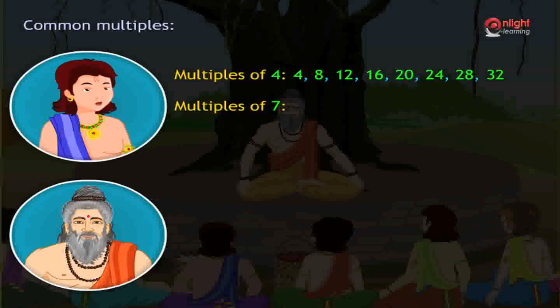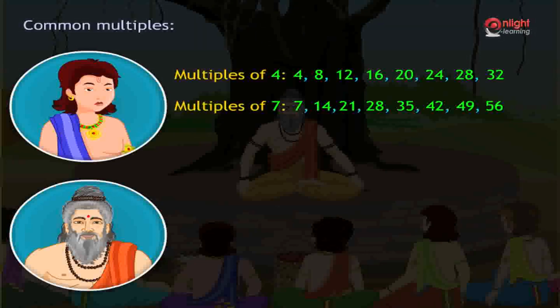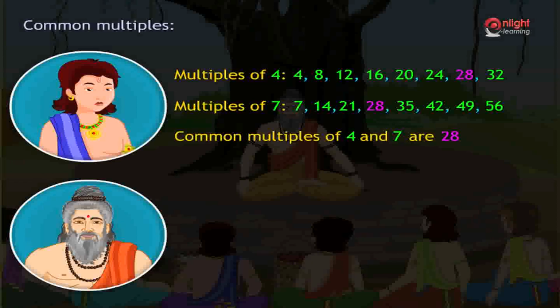Multiples of 7 are 7, 14, 21, 28, 35, 42, 49, 56. Here also we observed that number 28 is common to both 4 and 7. So 28 is a common multiple for 4 and 7.